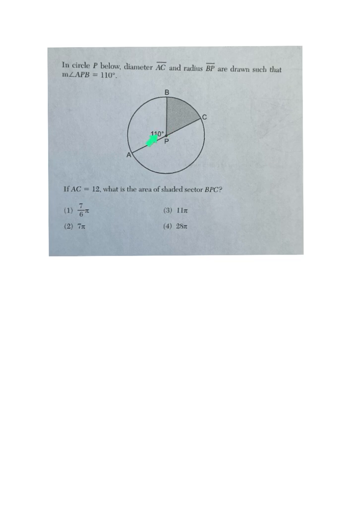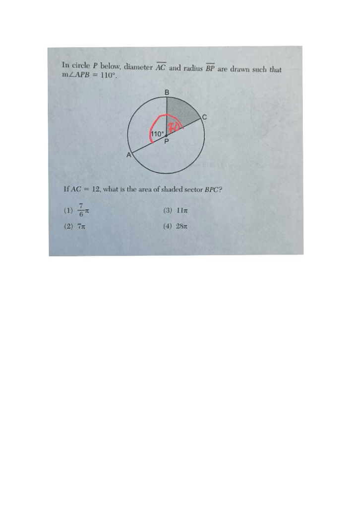So look at the relationship between this, and you should see that they're both on a straight line, which means if this is 110, this will be 70 because 110 and 70 adds up to 180. Those are supplementary angles. All right, so that means that this is 70. And again, if you look, you see 180 degrees.